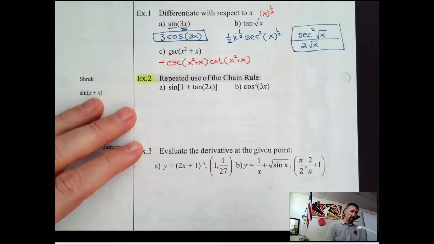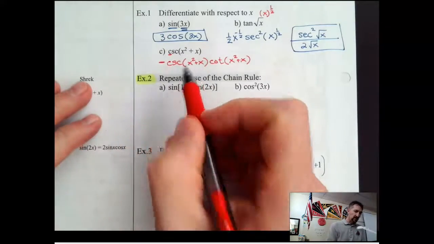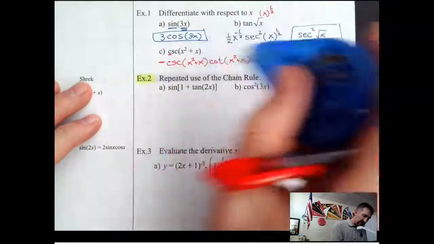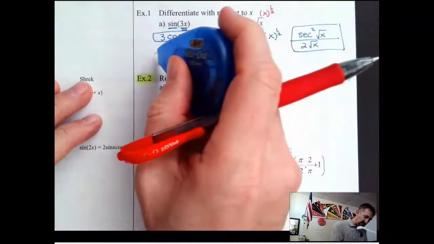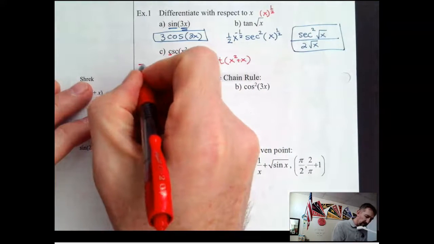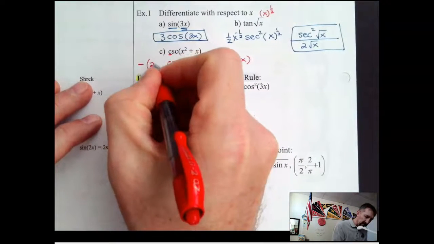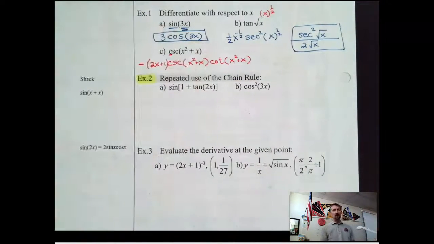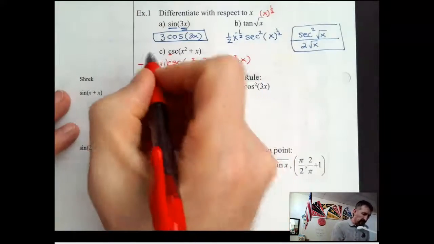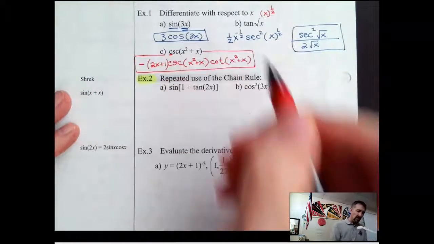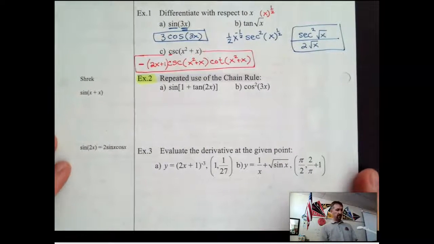Then we're going to multiply that by the derivative of the inside, which is 2x plus 1. But again, I like to have that in front because I don't want any confusion with angles there. So I'm going to move that negative over here and put 2x plus 1. Now I forgot to say pause, but you should be pausing on all of those because those are all from day 1.